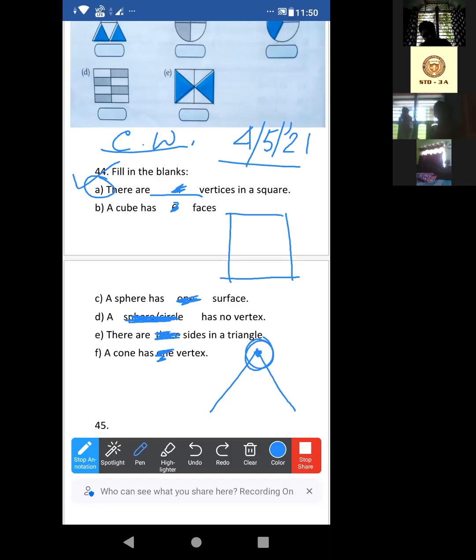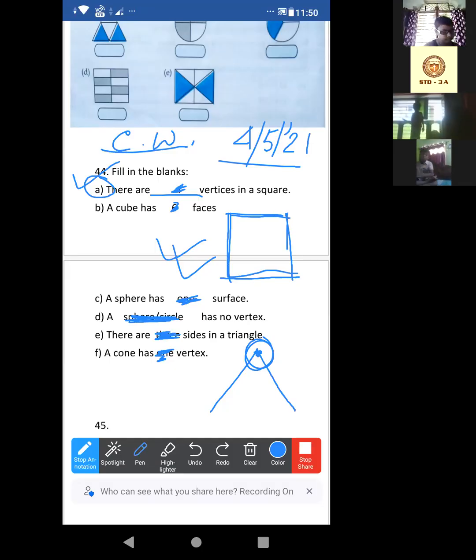Now the same thing we will look for in this square. These are the lines or sides of the square. This line and this line, these two sides meet at this point.